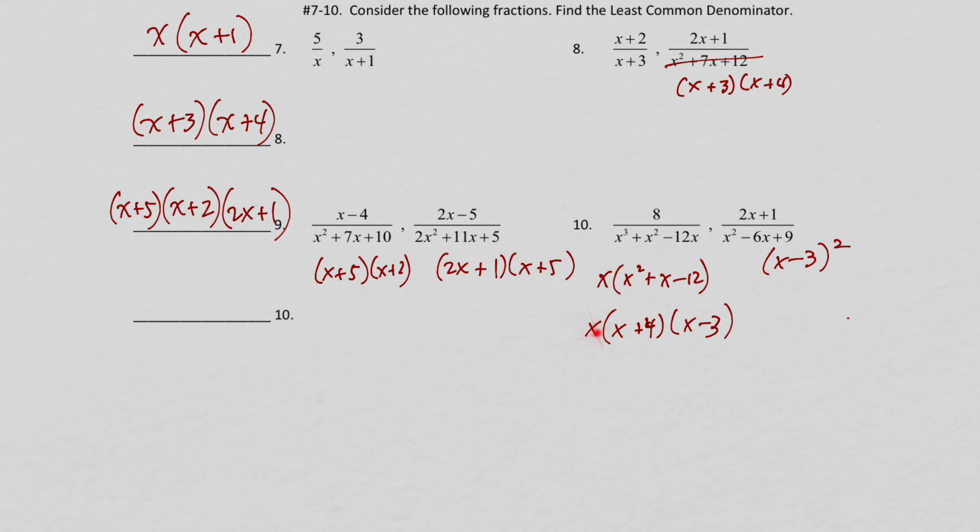This happens at most once in either one of them, so it's going to happen once. This happens at most once in either one of them, so that's going to happen once. And this happens at most twice in either one of them, so it's going to happen twice. So that's the LCD.